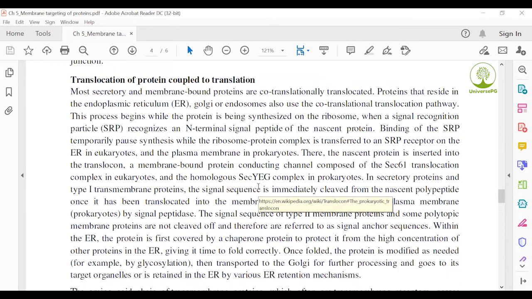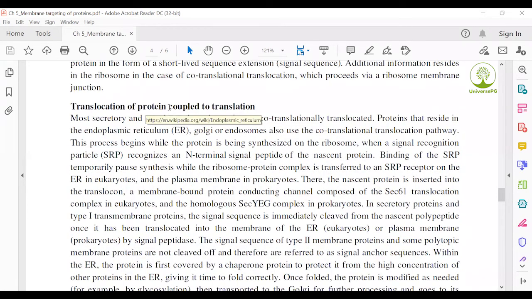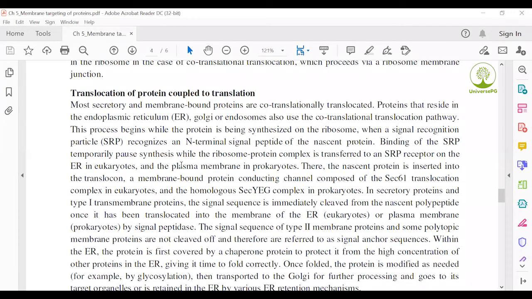Translocation of protein coupled to translation. Translocation of protein is generally coupled after the transcription process and the initial process of translation.